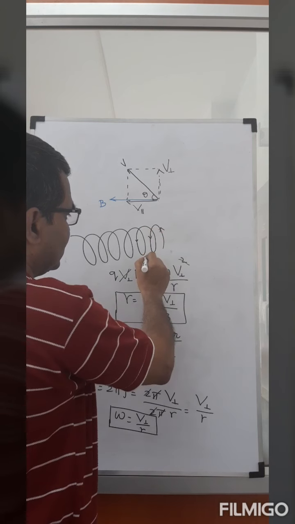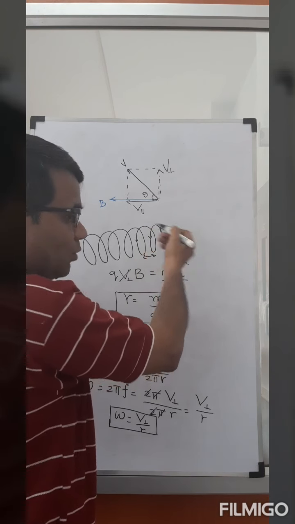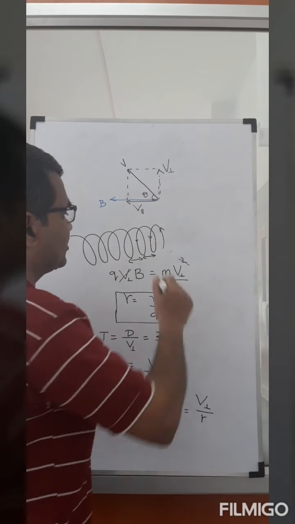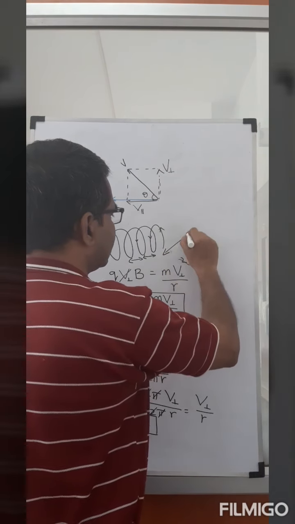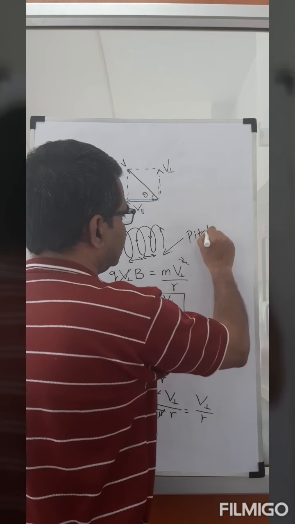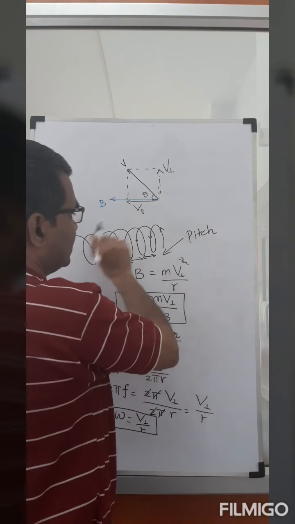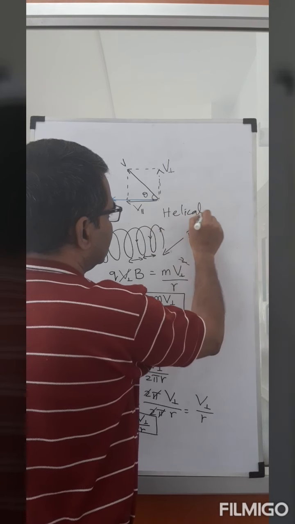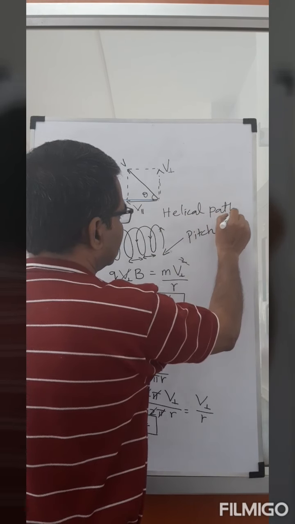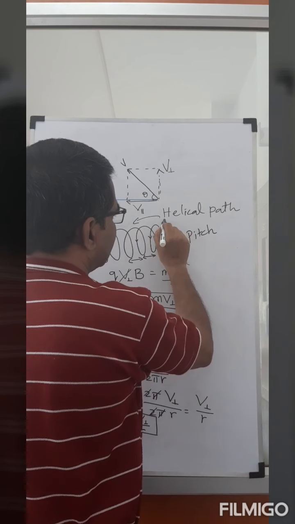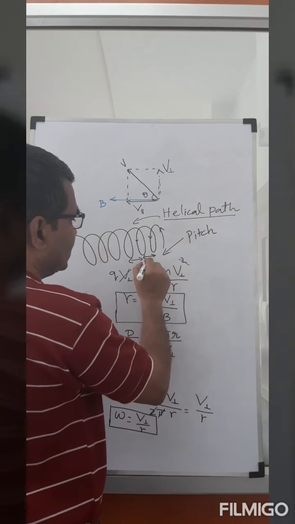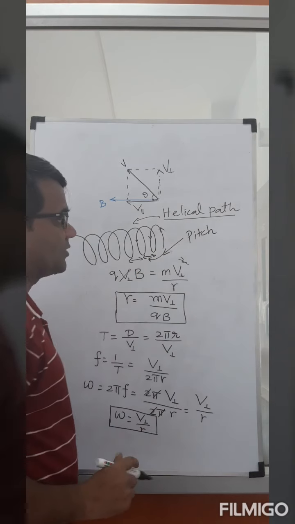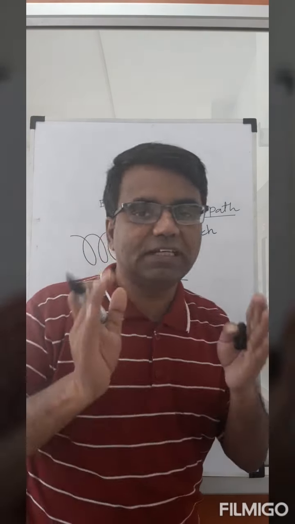So you see, this distance between one circle and the other circle is called the pitch. We call this the pitch of the helical path. If the path is helical, then this is the pitch of the helical path.